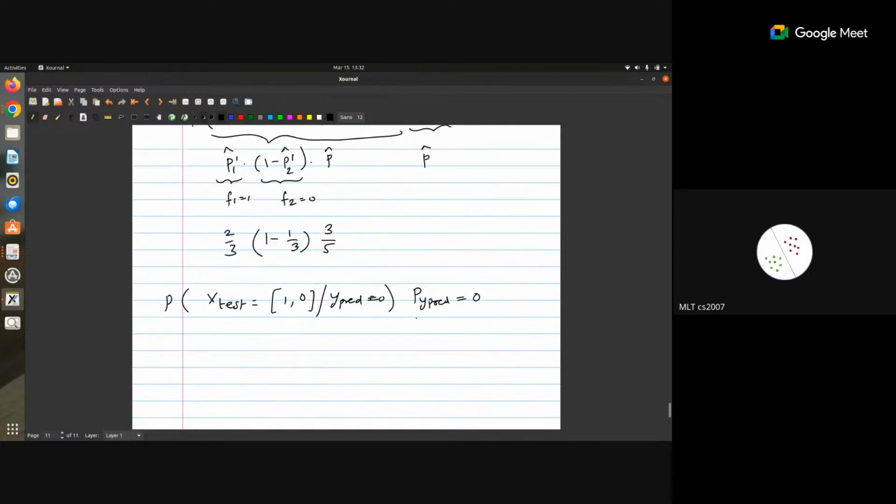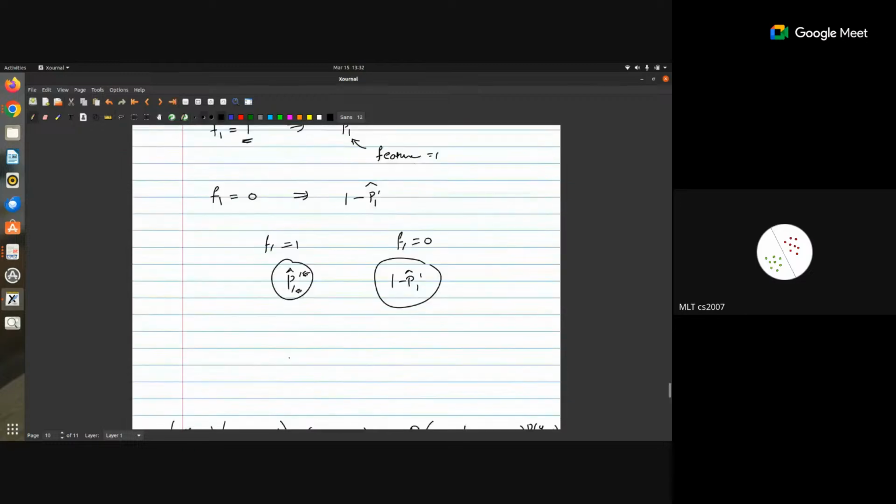So this part is 1 minus p hat. What about this now? This will be p1 0 hat, right? This is feature 1, this is feature 2, into 1 minus p2 0 hat. Okay, so what is p1 0 hat here?